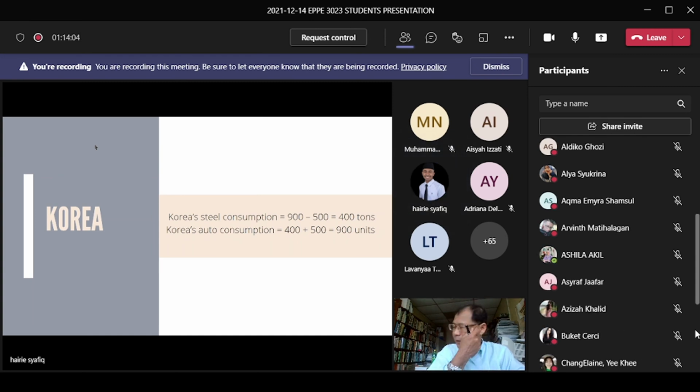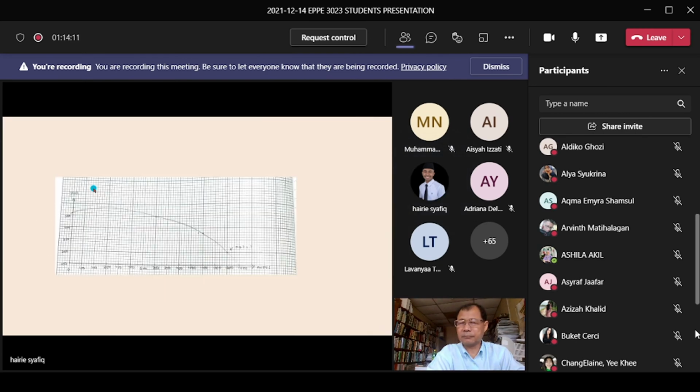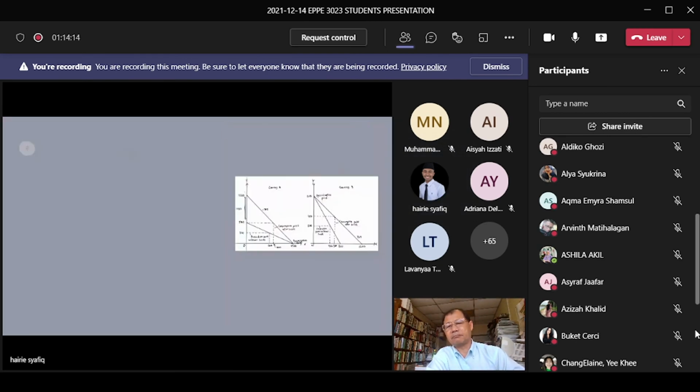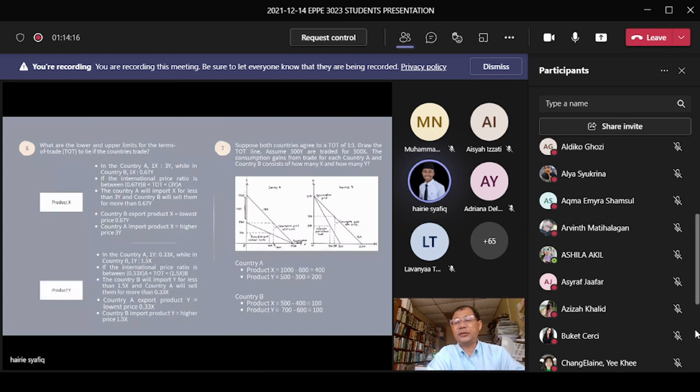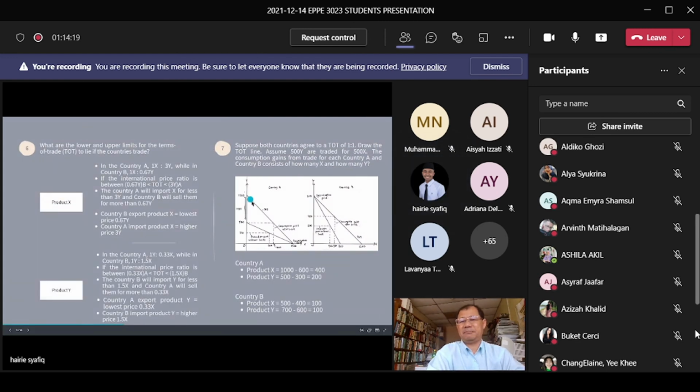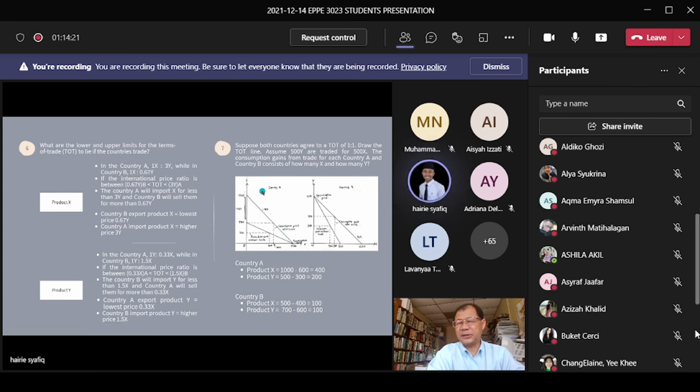Yes. Show the graph, better to explain. That's the TOT, the trading line, the international price. That's the new price, which is the same line, the one and only one line. International price, trading prices.